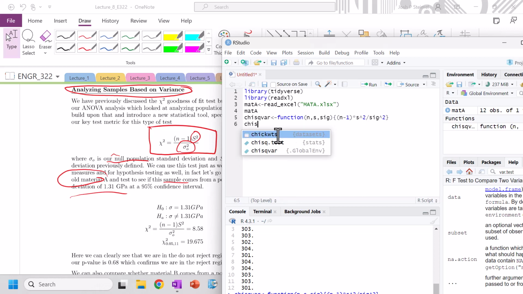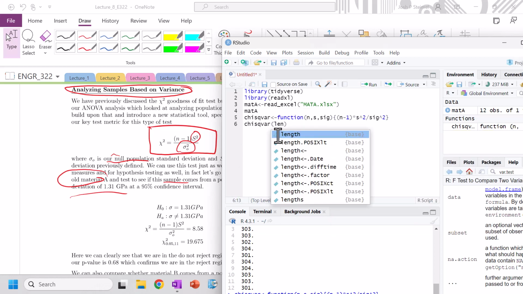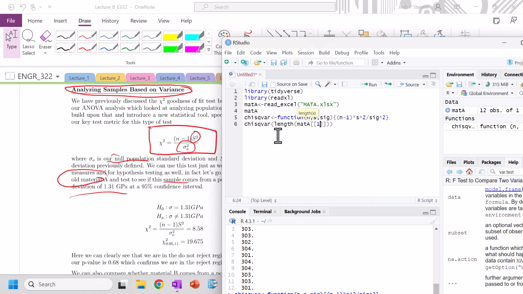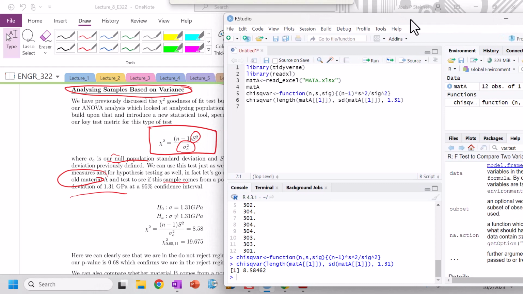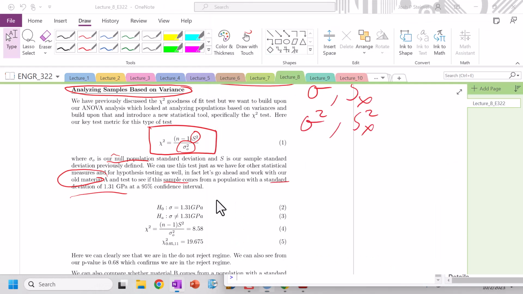So here's our chi-square var, and we can submit length of matA bracket 1. That's going to be our n. We can also do SD of matA bracket 1, because I'm just reading in that first column. And finally, our sig is just going to be 1.31. We can calculate this, and we get approximately 8.58. So that's our chi-squared value.